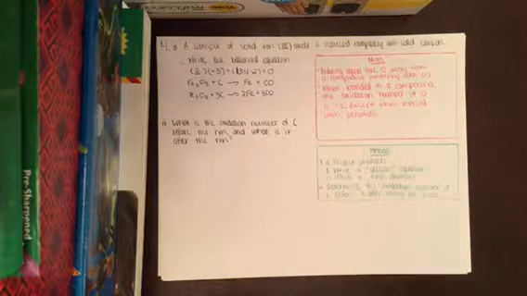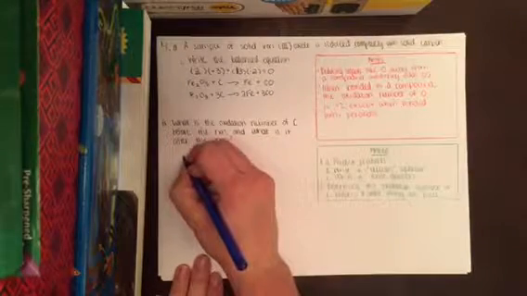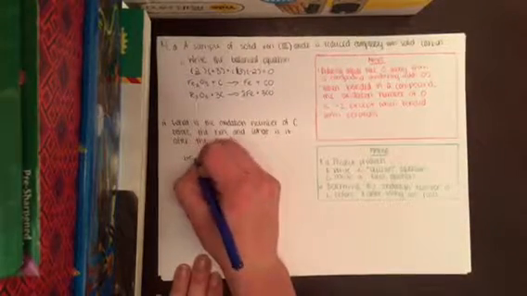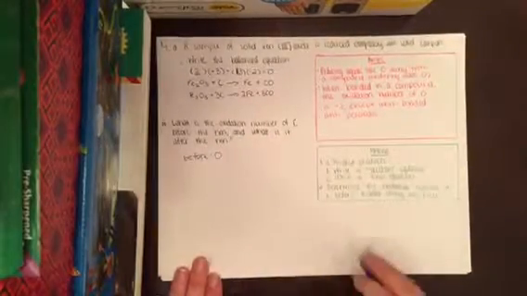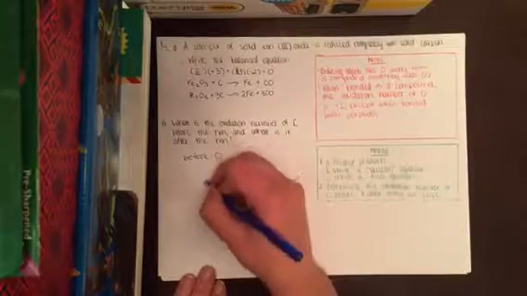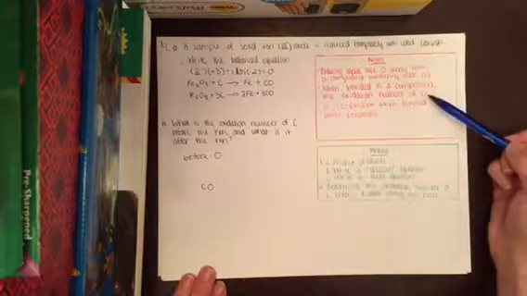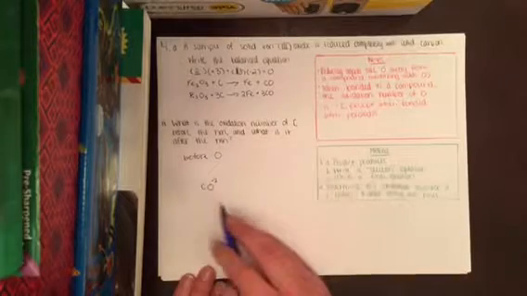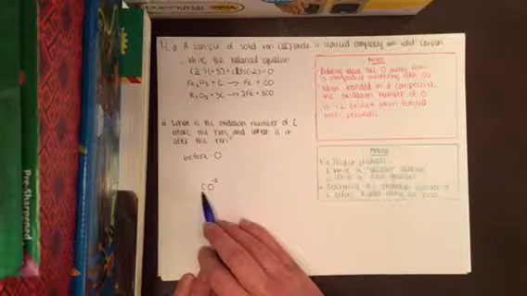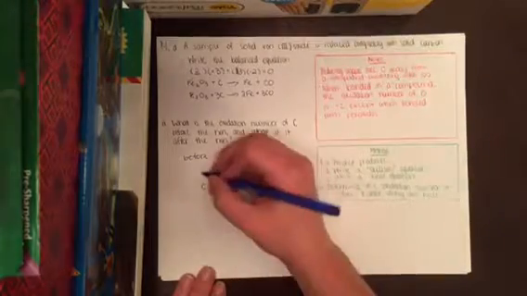Now it's bonded to another atom, so we're going to have to change it there. So the oxidation number before the reaction is 0, and then after, because we have CO, we know that the oxidation number of oxygen is always -2. So to balance that out, our oxidation number for carbon after the reaction must be +2.